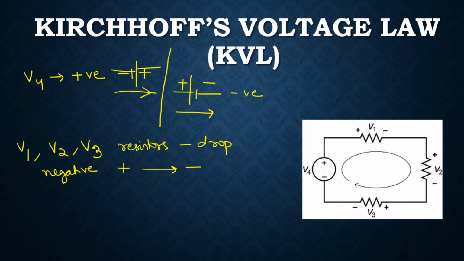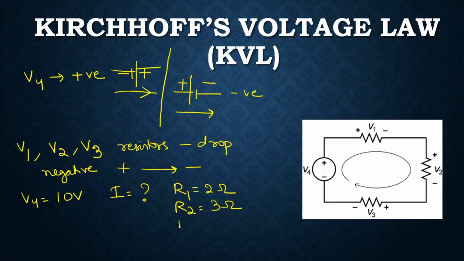If V4 is 10 volts and I don't know the current flowing in the circuit, and resistance R1, which has the voltage V1, is 2 ohms, resistance R2 is 3 ohms and resistance R3 is 5 ohms, then how can I find the current in the circuit?